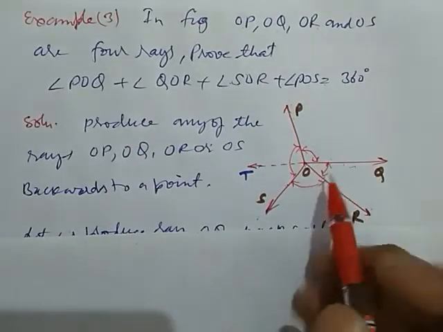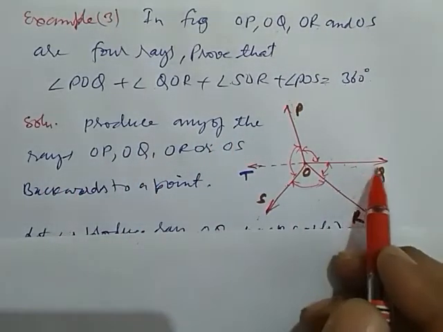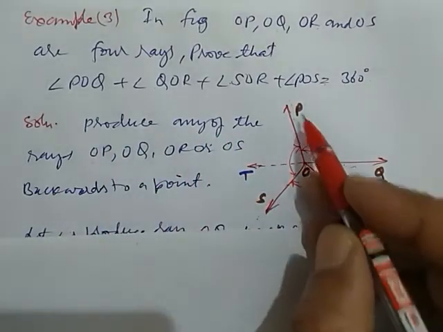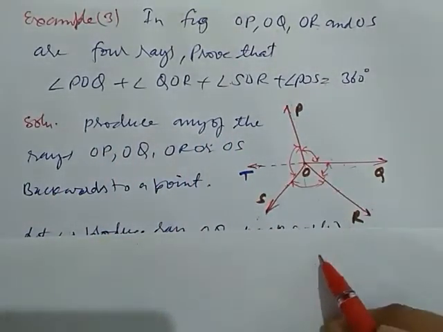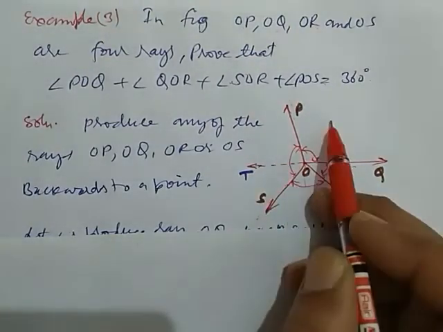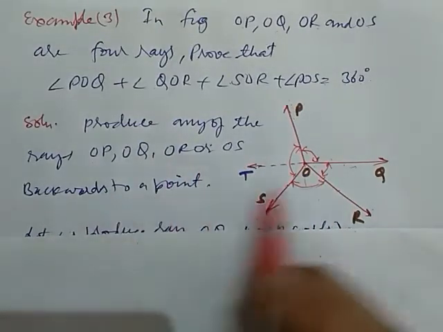What we have to do? First we produce any of the rays. Why? Because this way we get a single line. Produce any of the rays, either OP, or OQ, or OR, or OS, backward to a point.